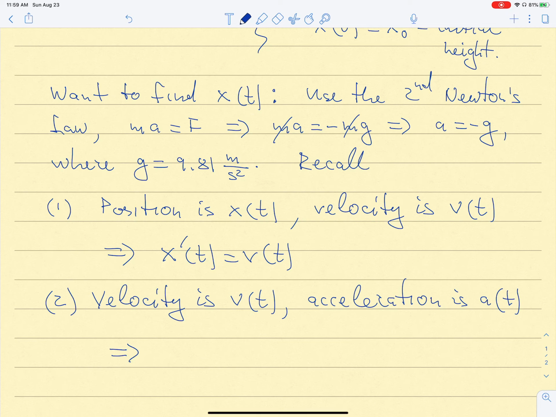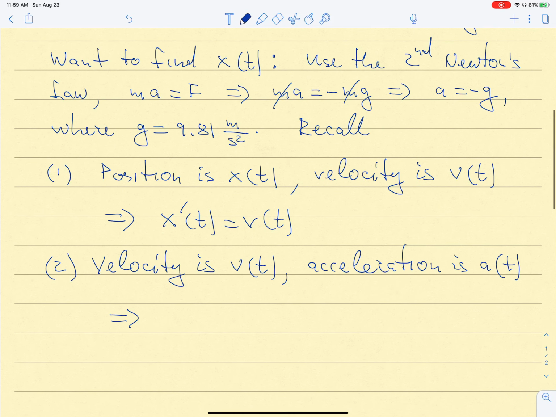Acceleration is a rate of change, instantaneous rate of change of velocity. So then what we have is that v prime of t is the same thing as a of t.